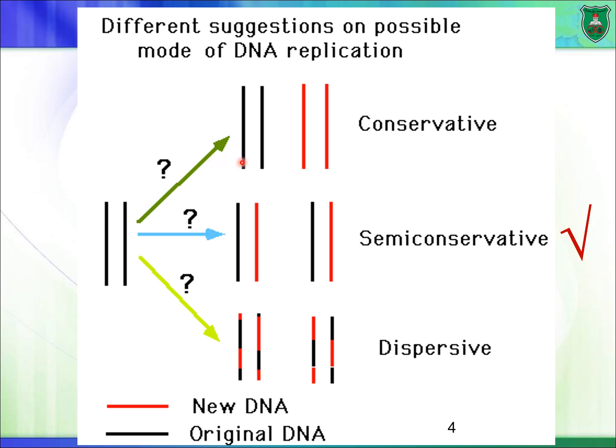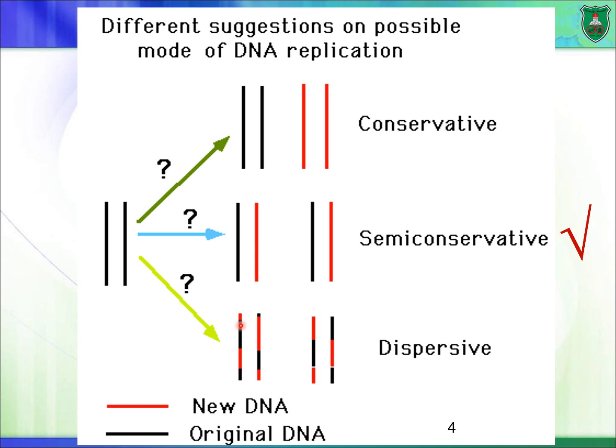In one theory, each one of them would have the two original chromosomes, and one would have two new chromosomes. And they thought that it was dispersive. That is, you have portions of the parental chromosomes and portions of new chromosomes in the same chromosome. But these theories turned out to be wrong.